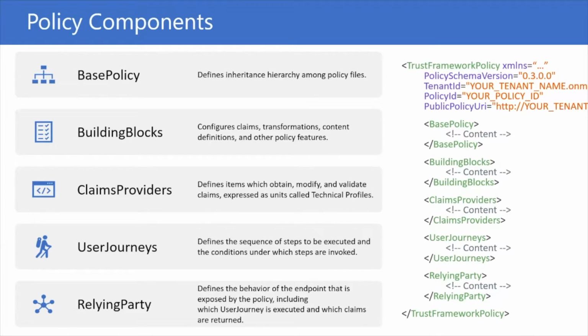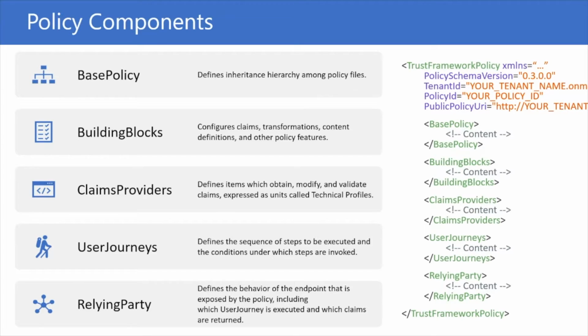When you're working with an Azure AD B2C custom policy, you're working with a policy that's made up of several distinct sections. You specify values in each section, and you can refer to elements from other sections in order to assemble the functionality that you want your policy to achieve. Custom policies can be defined using one or more XML documents, which you then upload to your Azure AD B2C tenant.